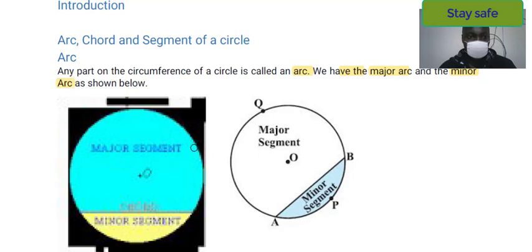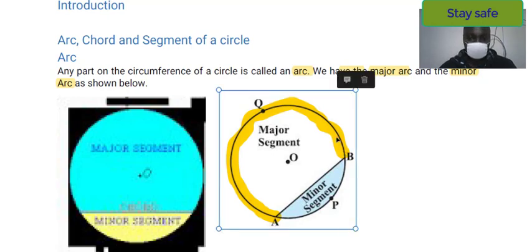When you look at this circle, the major arc is arc AQB. From here all the way around, this shaded one, that one is the major arc.